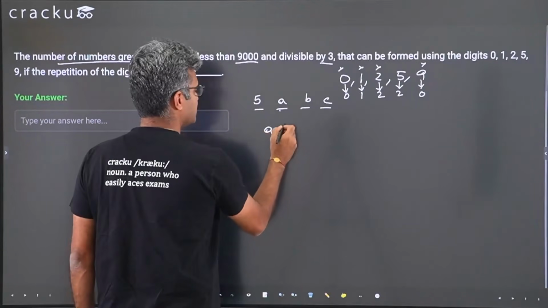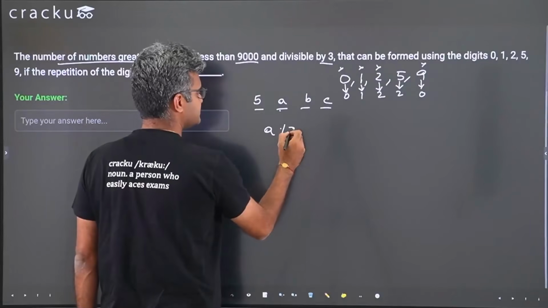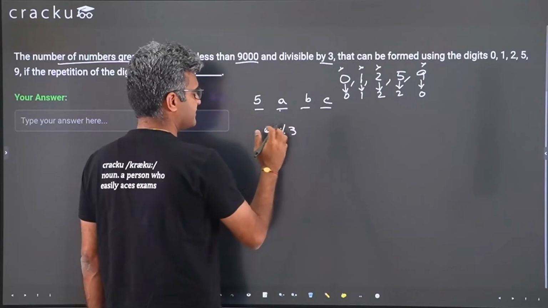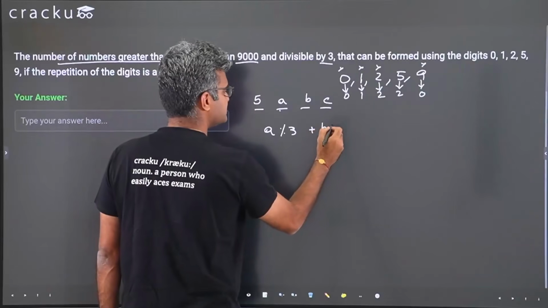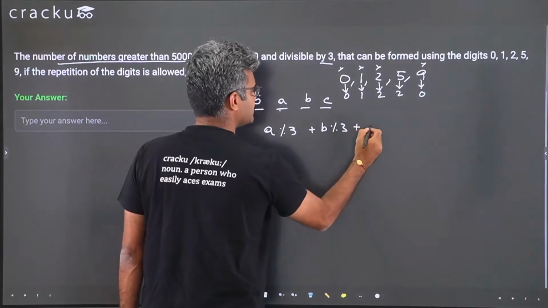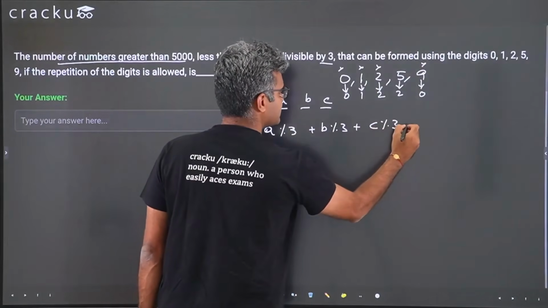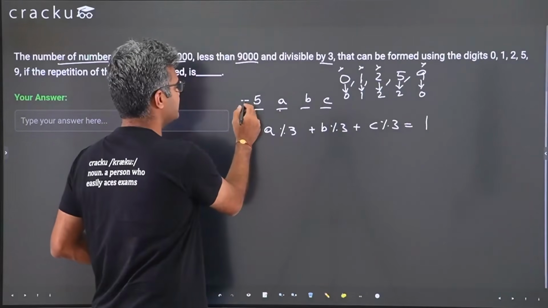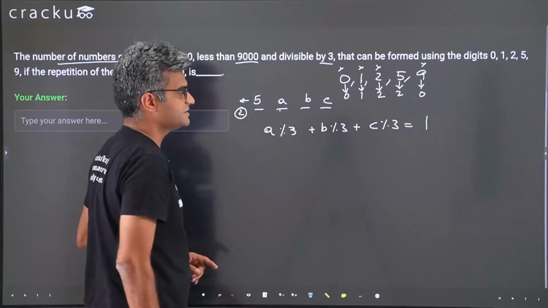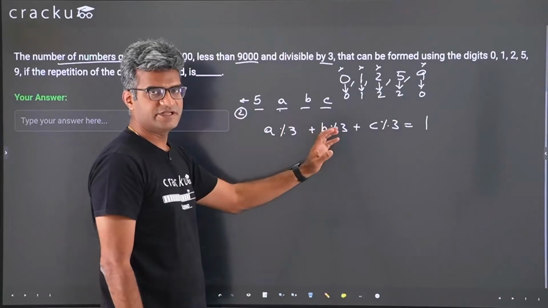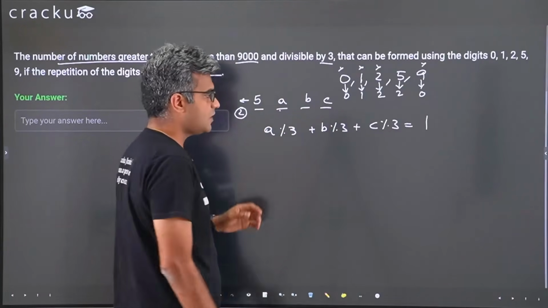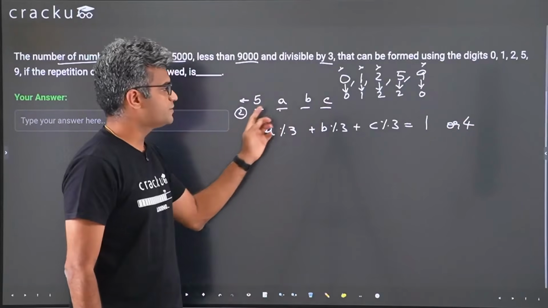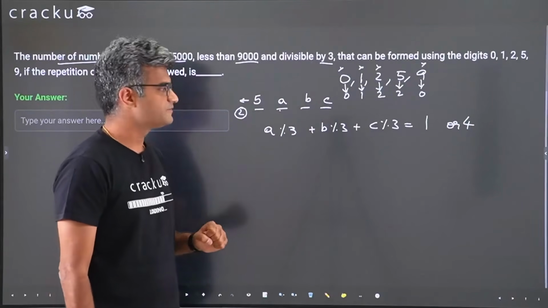Let us assume that this percentage is basically the remainder. The sum of the remainder when A is divided by 3 plus when B is divided by 3 plus when C is divided by 3, this has to be either equal to 1 because 5 leaves a remainder of 2 when divided by 3, so that overall the number is divisible by 3, or it has to be 4 because then it will be 2 plus 4, which is 6, again a multiple of 3.